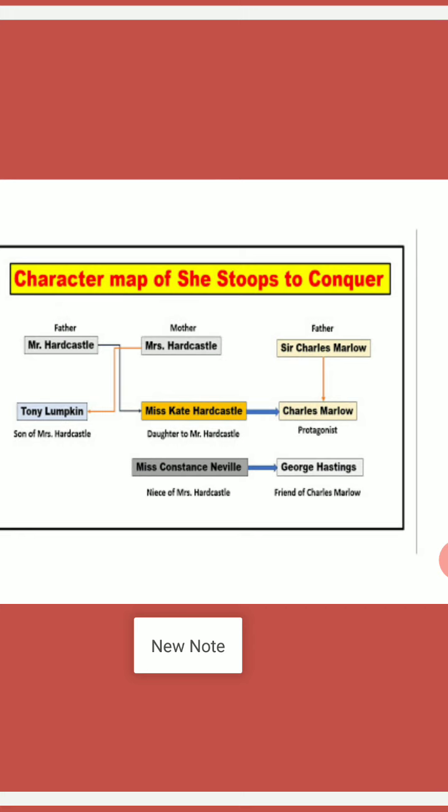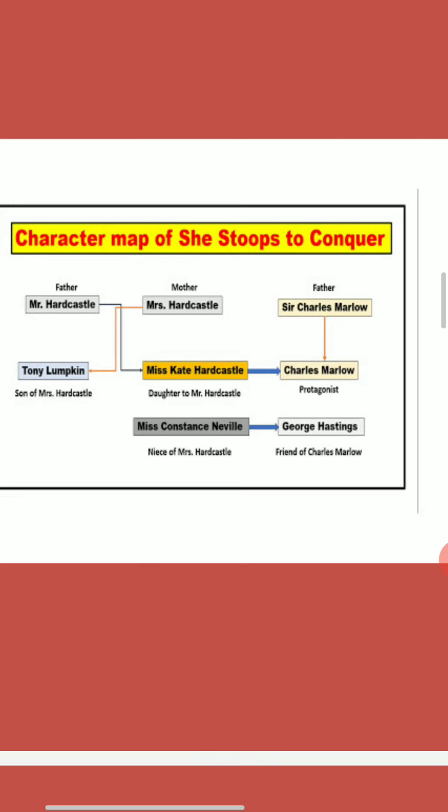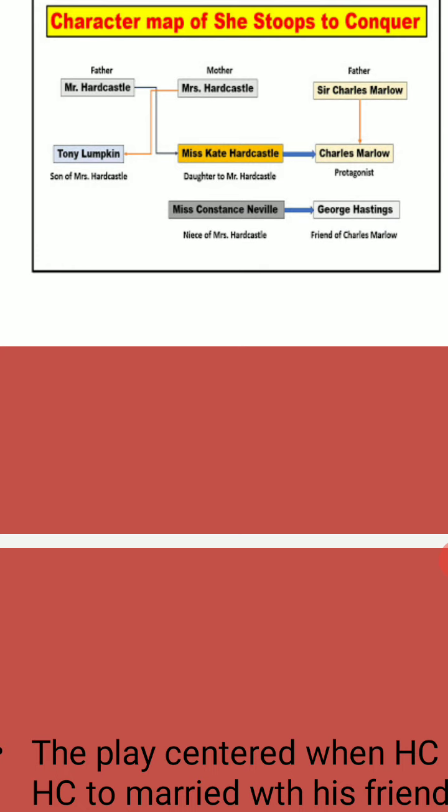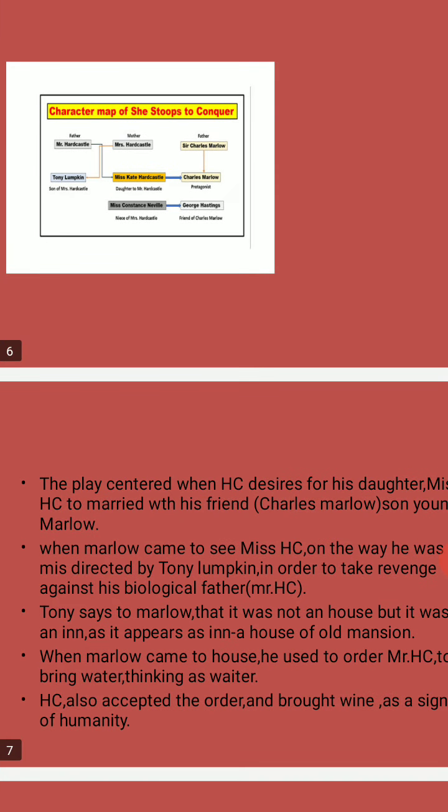Then George Hastings, friend of Charles Marlowe. I think with this character map you know the connections between them very well. So look after it. Draw a flow chart in your notebook and understand all the characters. Okay, dears. So next.